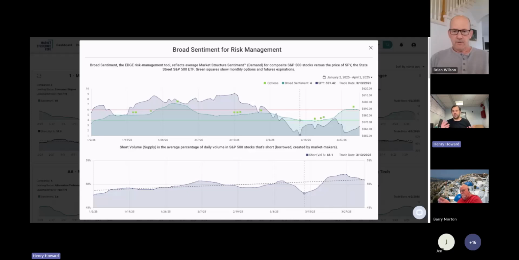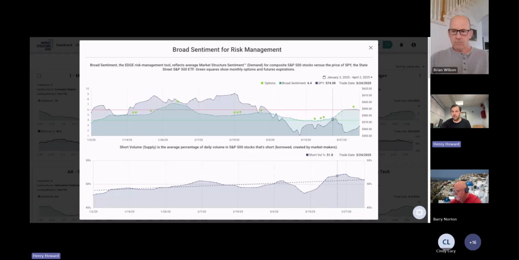What we're really taking into account from a broad market perspective is what's happening with the purchasing of equities and what's happening with the short volume. Is there a lot of short supply? By that we can understand that there's a perception of risk within the market.